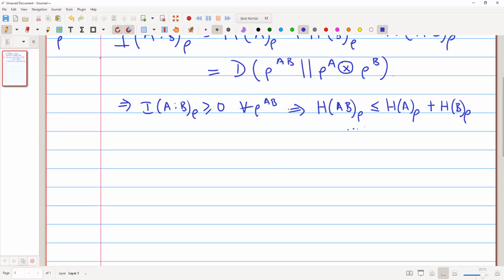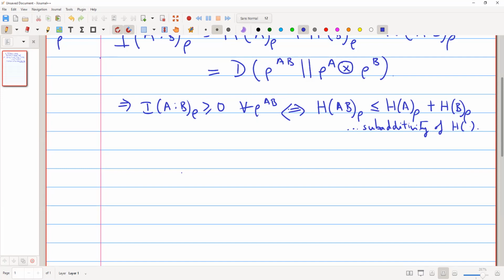In fact, sub-additivity of entropy is equivalent to saying that the mutual information is always non-negative. And this tells us more.